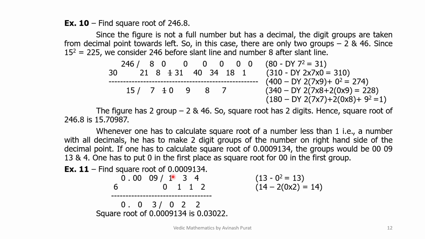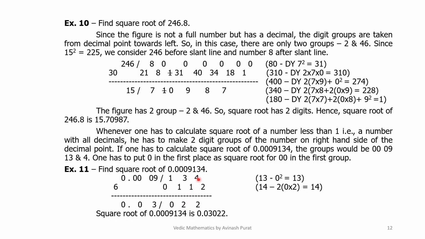So 01 is dividend, divided by 6 is 0. So balance is again 1. 13 is next dividend. 13 minus Dvandva Yoga 0 square, that is 13. So 13 divided by 6 is 2 and remainder is 1.